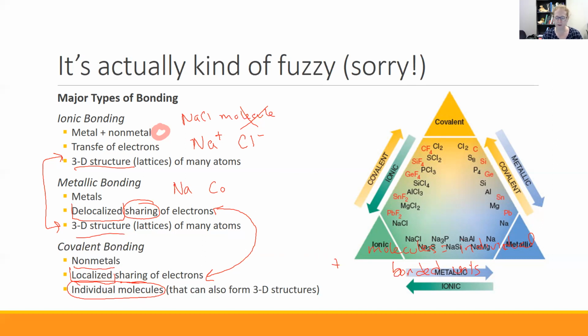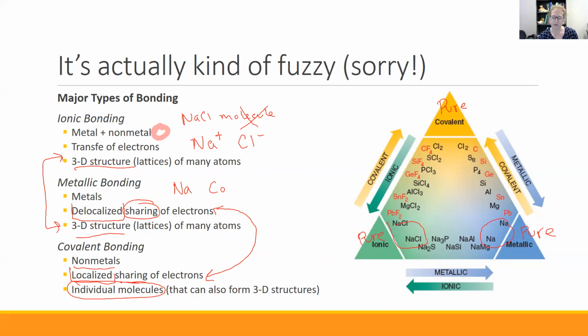And so you have certain compounds that we would describe as pure covalent compounds, things like Cl2. You have other things that you would describe as purely metallic. So sodium, the bonds in sodium are purely metallic. The bonds in sodium chloride are purely ionic.